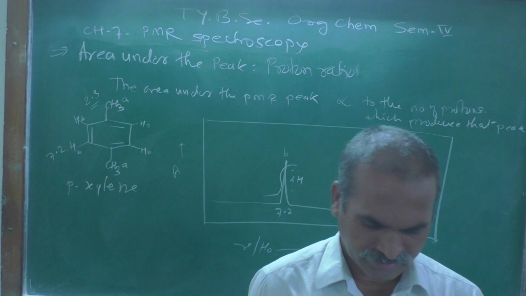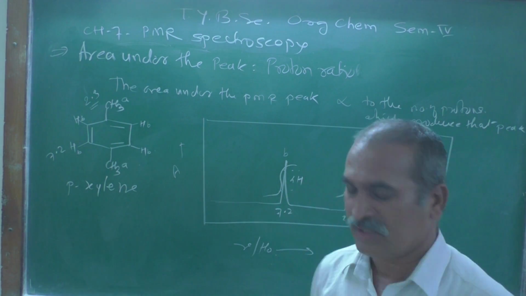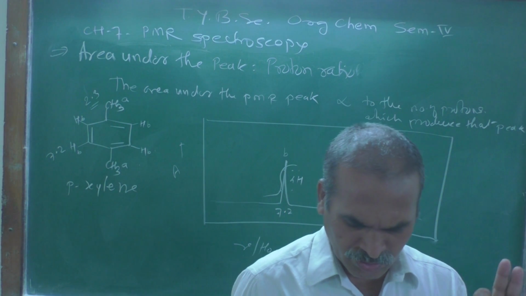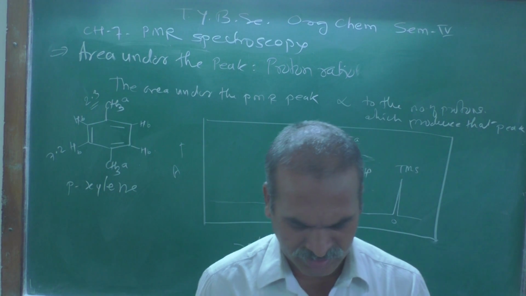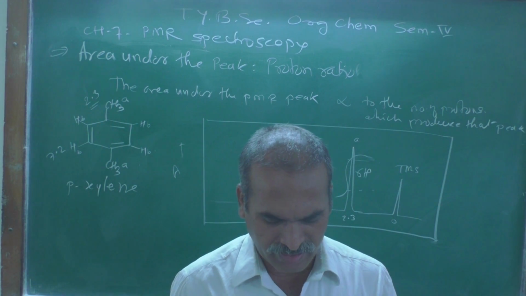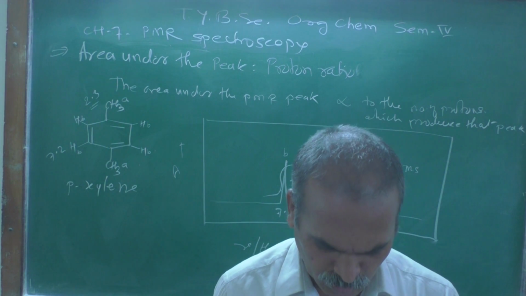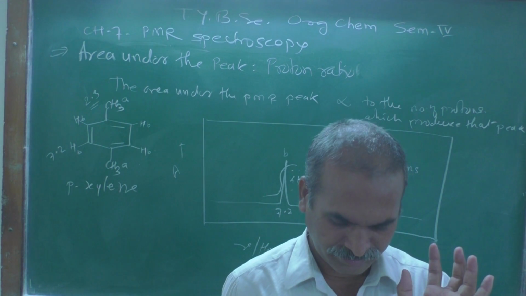Peak A at 2.3 delta is due to 6 protons of the methyl groups, and peak B at 7.2 delta is due to 4 aromatic protons.